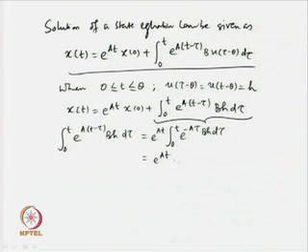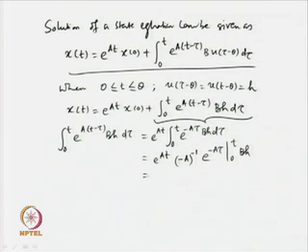Now, directly I will integrate this one. So, minus a inverse e to the power minus a tau with the limits 0 to t with b h at the end.